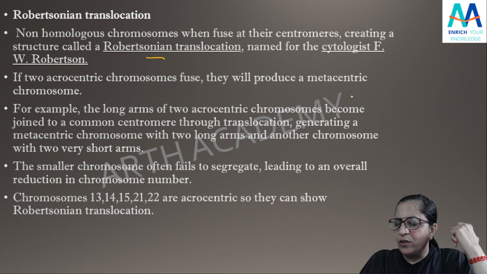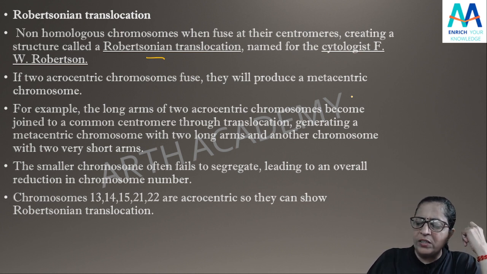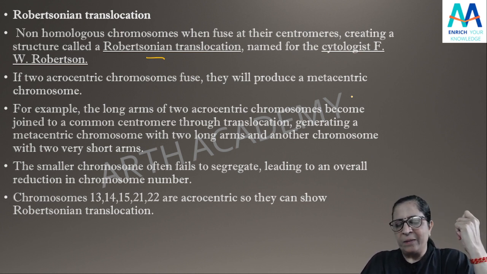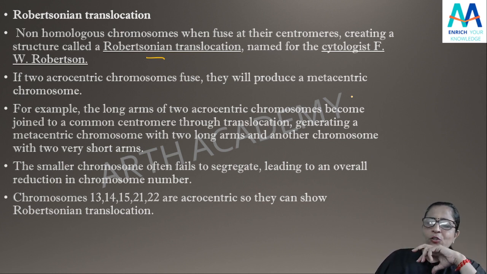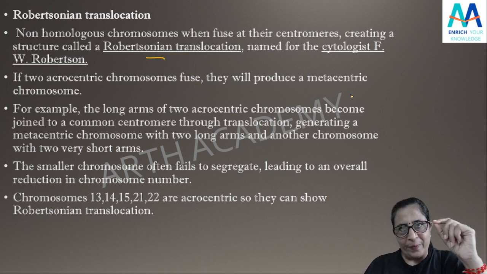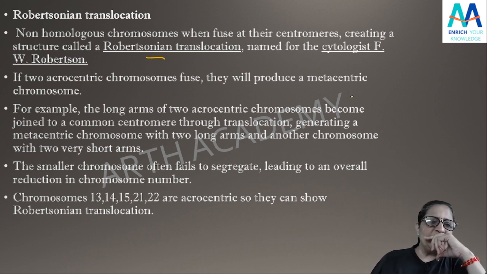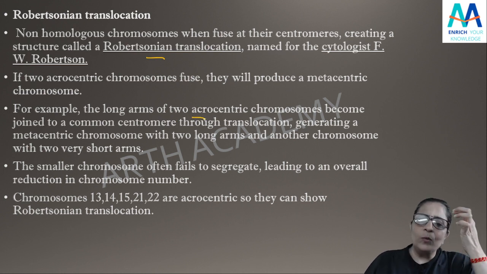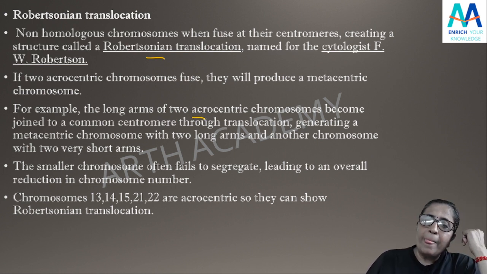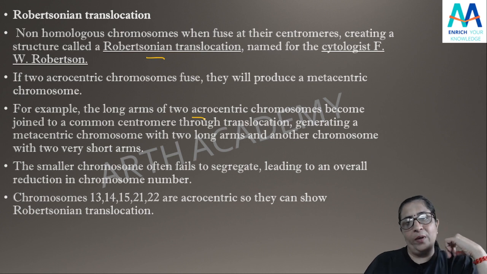Acrocentric, what is acrocentric? I think you all know what is acrocentric. One arm long, one arm short, and where is the centromere? Centromere is present near the tip, isn't it? So that is the acrocentric. So the long arms of two acrocentric chromosomes become joined to a common centromere. ठीक है?